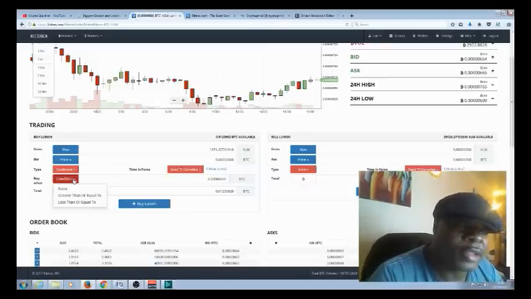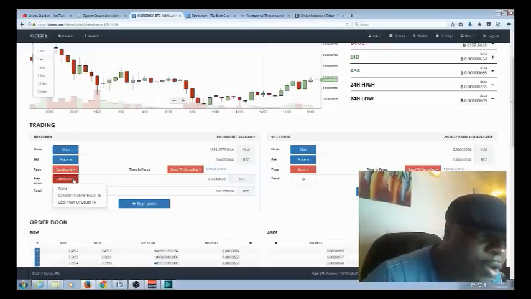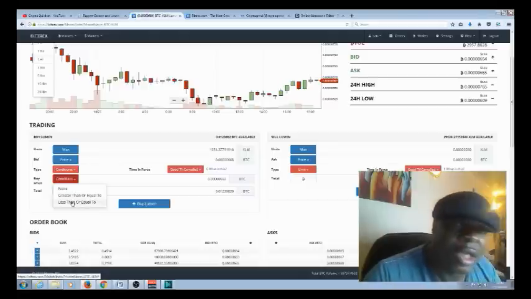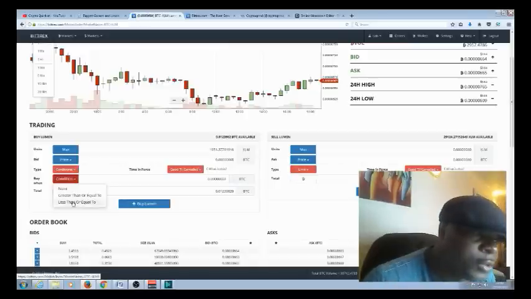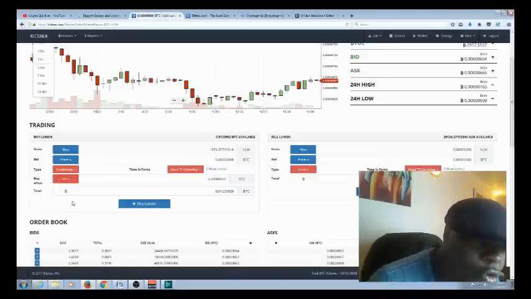Now what I normally do is I pick the last option, and the last option really is instructing the trade to be carried out either at a set price or lower. So I usually choose that, so at, equal to, or lower.